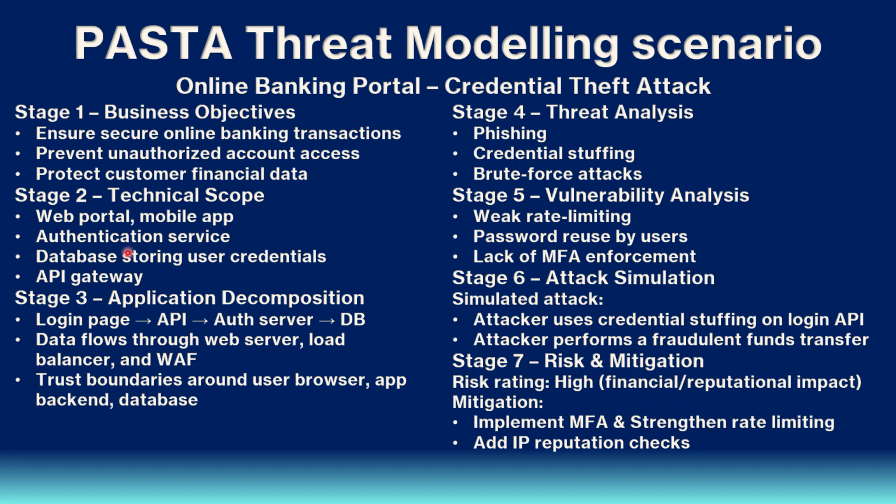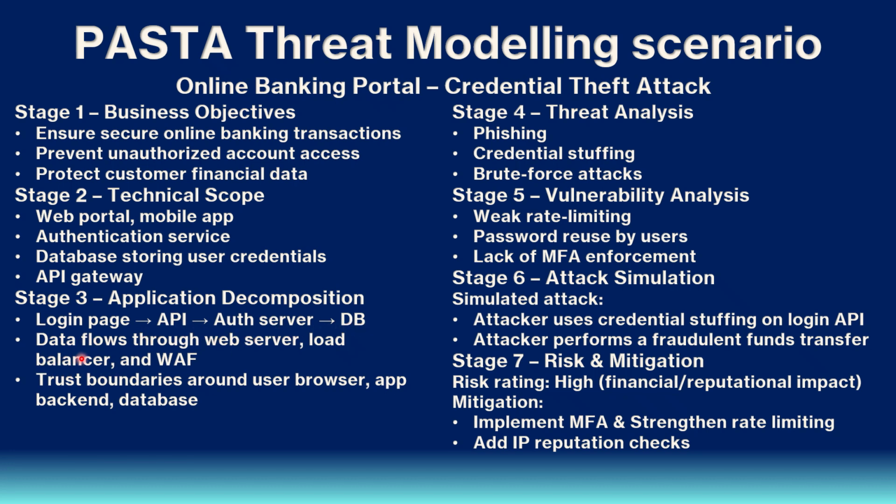Now the technical scope will be the web portal and mobile app, authentication services, database storing user credentials, and API gateways. These are the technical scope for this scenario. Next we'll do the application decomposition on the basis of the technical scope, in which there will be a login page, API, auth server, and database.